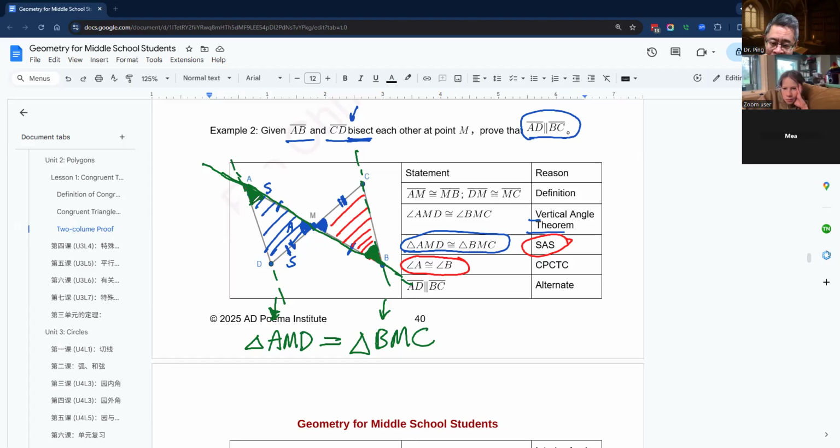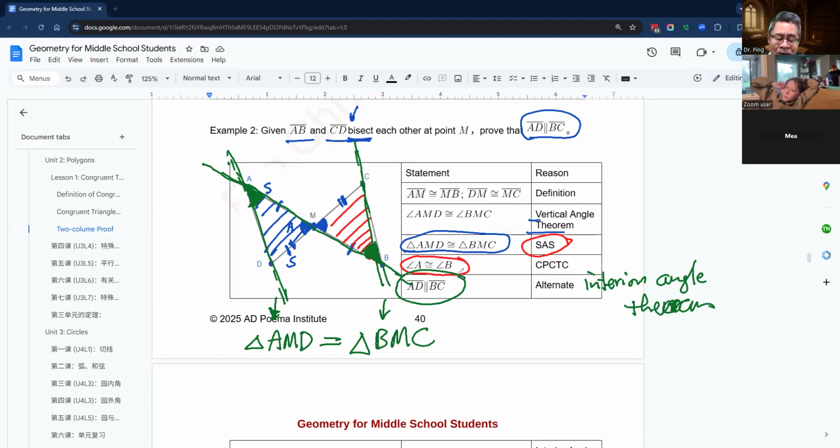So that's called alternate interior angles, and they are equal. So based on the alternate interior angle theorem, which we learned before, we know this line is parallel to this line. So that's where we end up proving AD is parallel to BC. Yep. We good on this one?